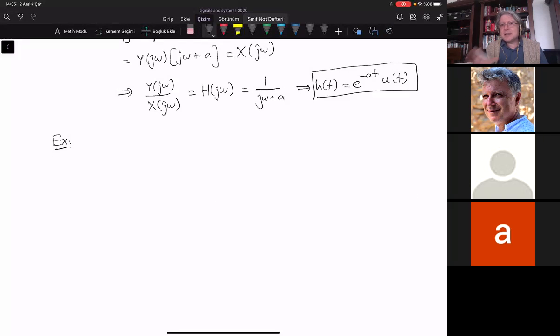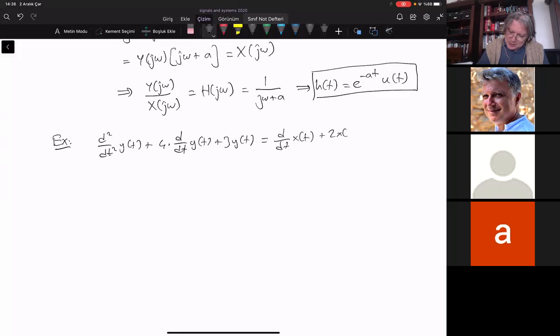And in many cases, if you have h of j omega, you should be able to find the inverse Fourier transform using some properties, looking at the tables, etc. The second derivative of y of t plus 4 times the first derivative of y of t plus 3 times y of t is equal to d by dt x of t plus 2 times x of t.